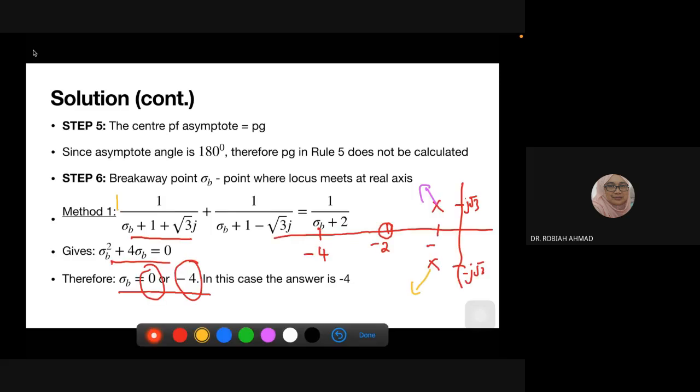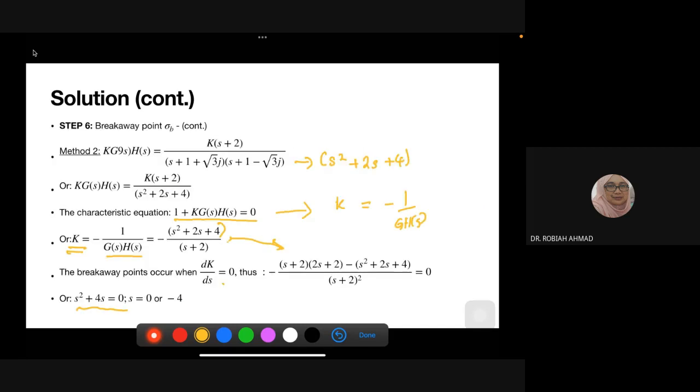Patah balik lah. This is for method 1. Yang dekat step by step tu saya tulis method 1 sahaja. And then this is for method 2. Method 2 we get the K here ni. And then we do the integration.